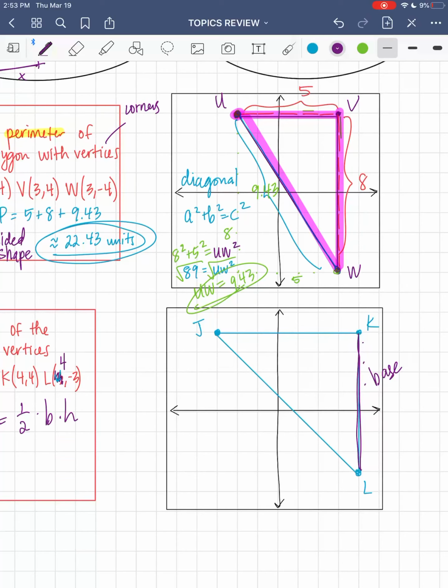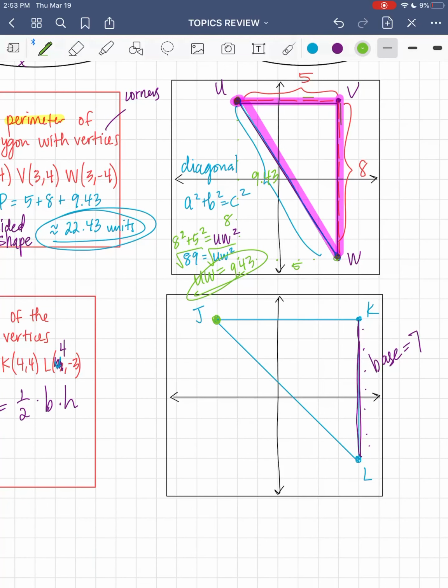Base. And how long is that? That is 1, 2, 3, 4, 5, 6, 7 squares. So my base is 7. Once you've picked your base, the height just has to go like straight from the base up to the other point. So my height from the base straight up to the other point is this right here, which is 1, 2, 3, 4, 5, 6, 7. So my height is 7. So base is 7, height is 7.